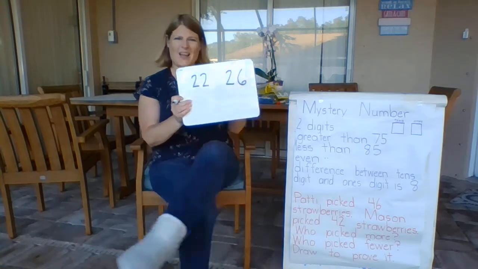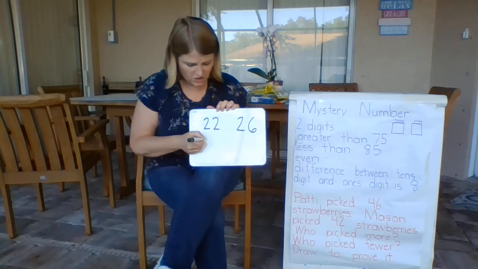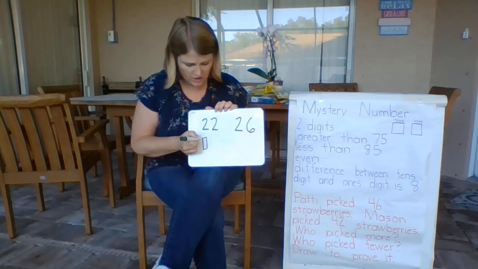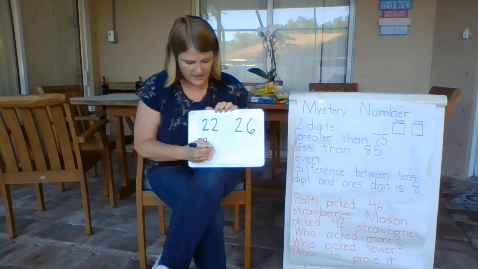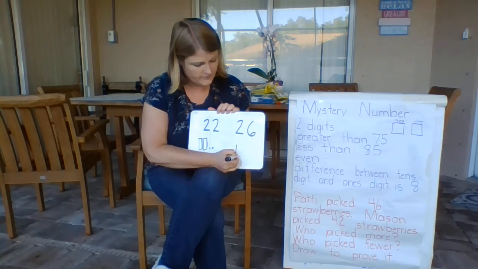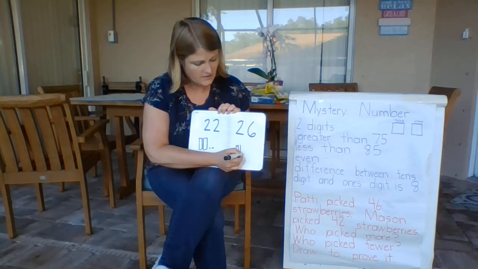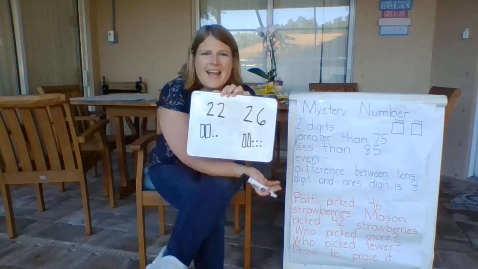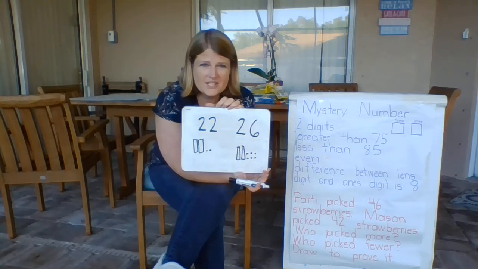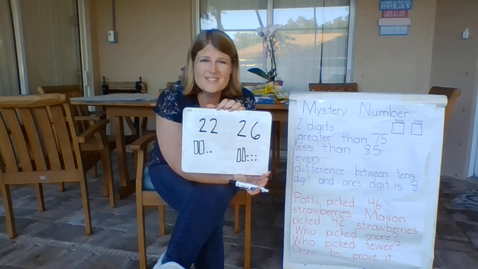Well, I'm going to draw a picture for each one just so that I'm really sure of what I've got going on there. So 10, 20, 21, 22. 10, 20, 21, 22, 23, 24, 25, 26. Now I'm going to ask you which of these two numbers is greater and which of these two numbers is less.